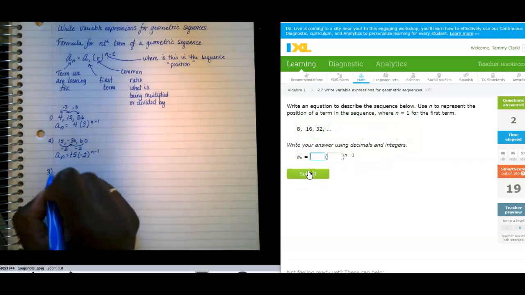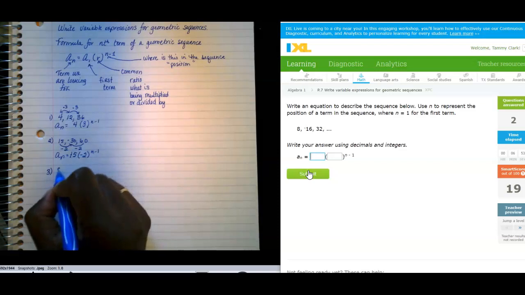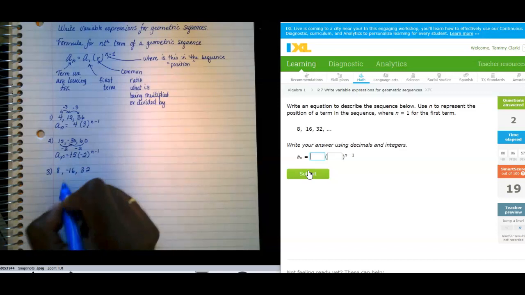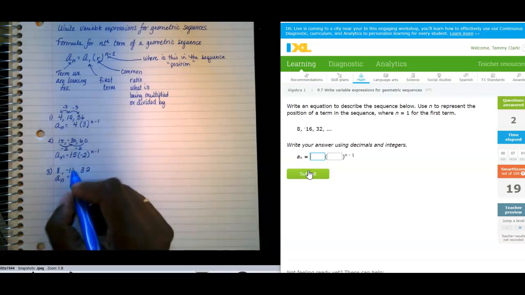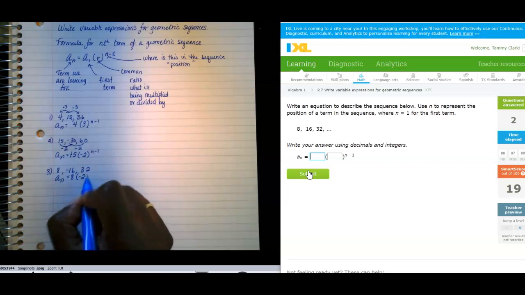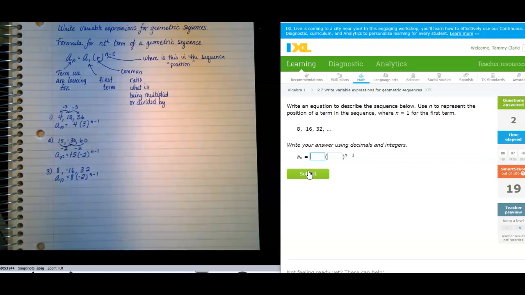Number 3, we have 8, negative 16, positive 32. So a sub n, or the term we would be looking for, is equal to, our first term is 8, we're multiplying by negative 2, raised to the n minus 1 power.